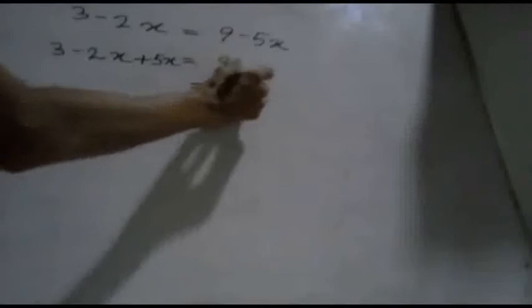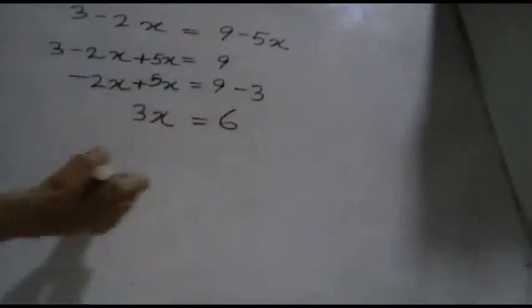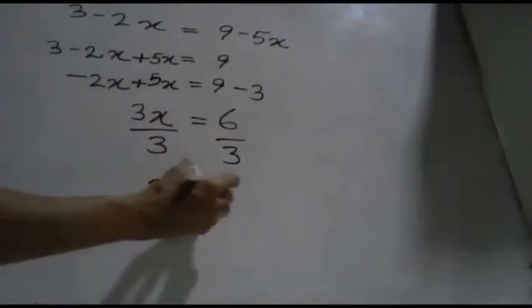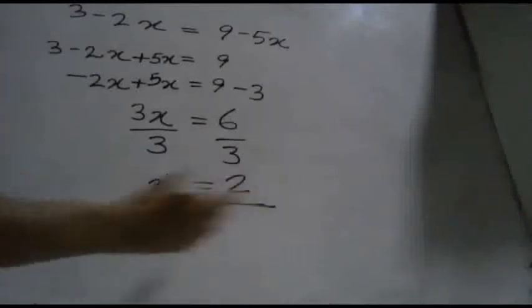Now here plus 3. We take it to right hand side. 9 subtract 3. Here negative 2x plus 5x. 2x is subtract from 5x is equal 3x. 9 subtract 3 is equal 6. Both sides divide by 3. X is equal 2.